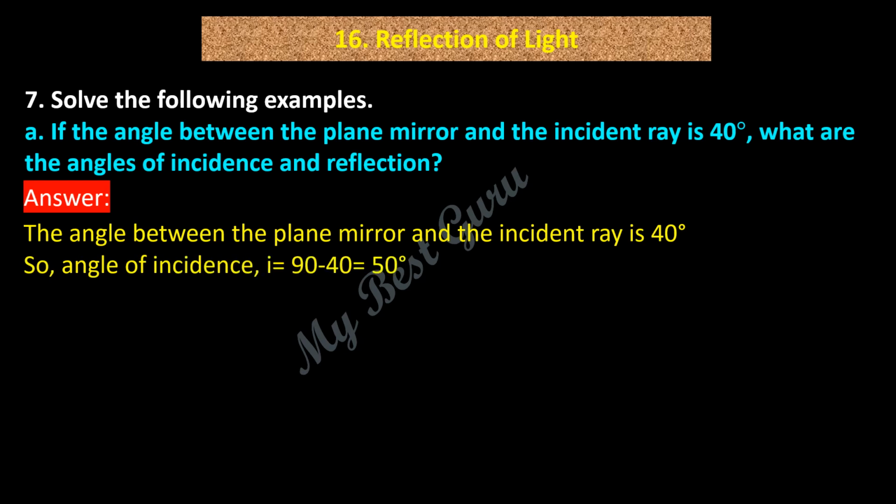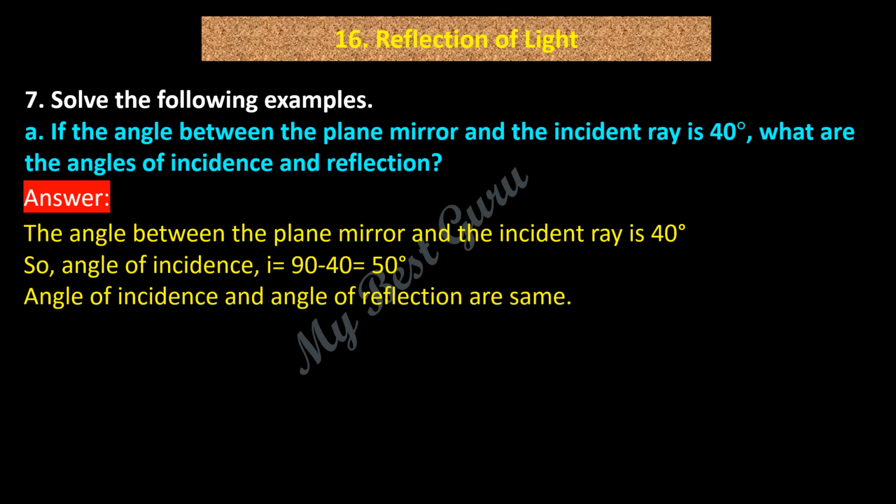So, angle of incidence I equals 90 minus 40 equals 50 degrees. Angle of incidence and angle of reflection are the same. Therefore, the angle of reflection R equals 50 degrees.